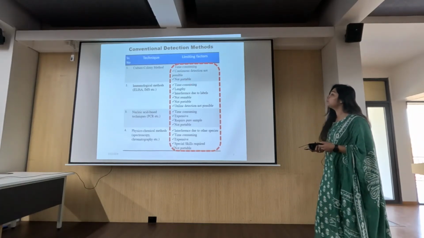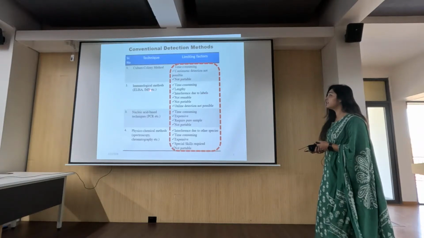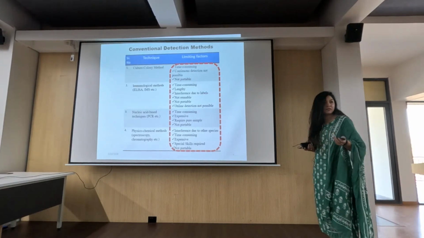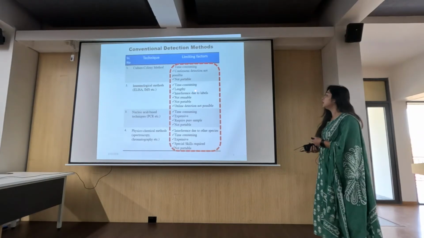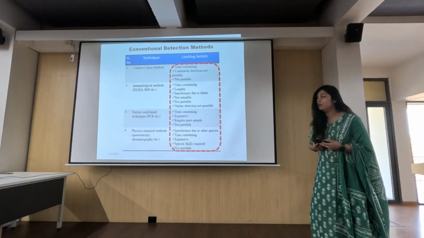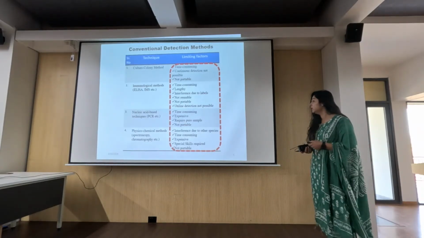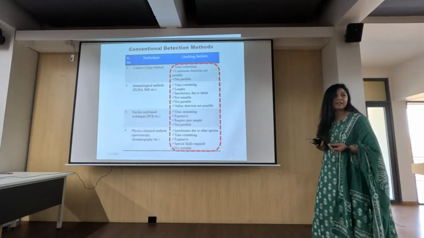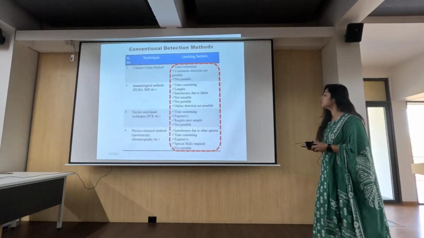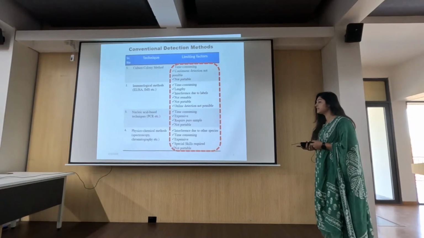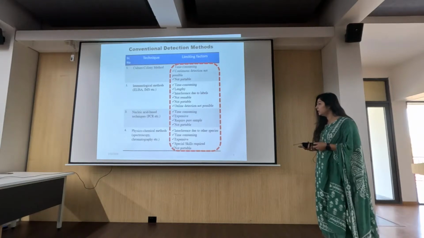After that, ELISA or IMS methods are again time consuming and lengthy, interference due to labels is possible, they are not reusable or portable, and online or continuous detection is not possible. PCR based techniques are again time consuming and expensive, require a pure sample, and are not portable at all.